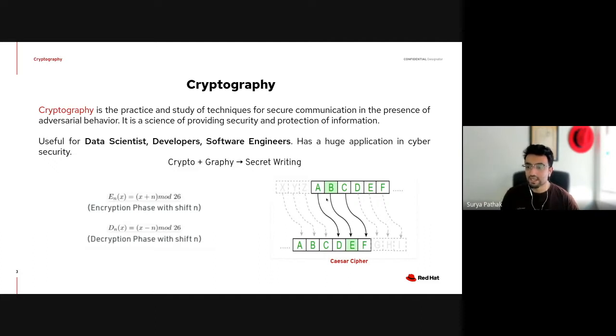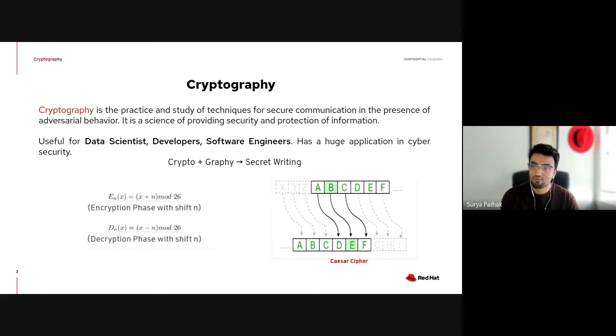So basically A is replaced by D, B will be replaced by E. Using this technique, he used to send messages in the army so that his enemies would not know what his cryptographic words meant. Now, with the development of modern science and technology, these kinds of ciphers can be deciphered within microseconds.